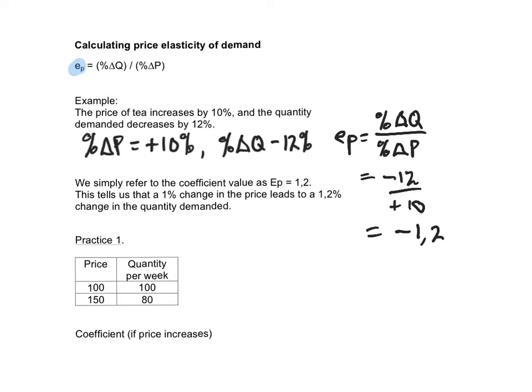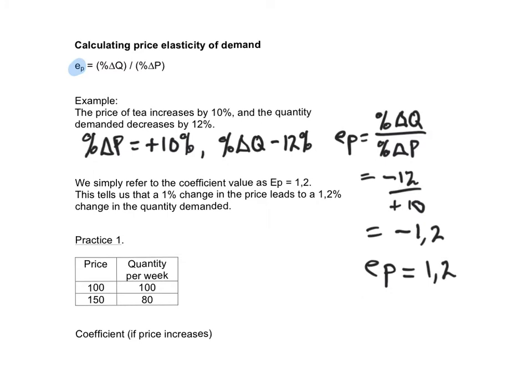Because we know there's an inverse relationship between price and quantity demanded, we ignore the minus sign in our calculations. So the price elasticity coefficient is equal to 1,2. What that means is that a 1% change in the price leads to a 1,2% change in the quantity demanded.